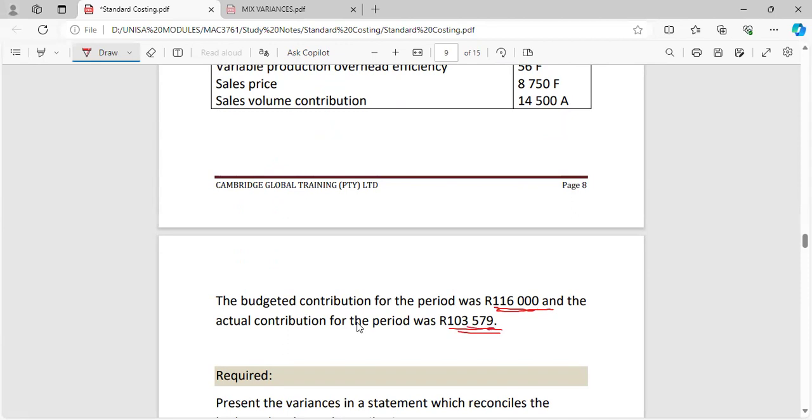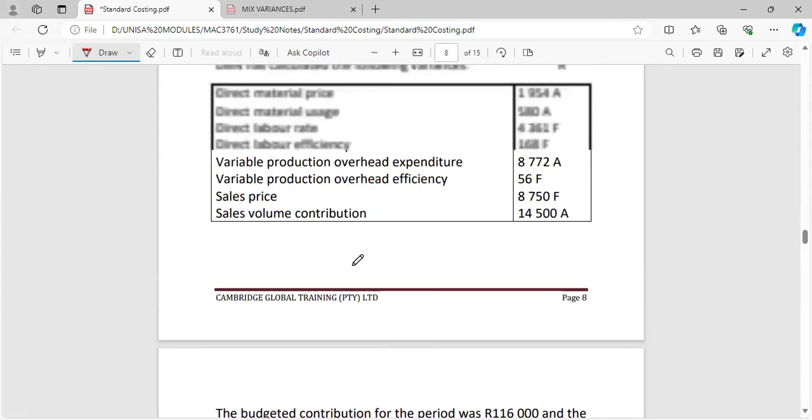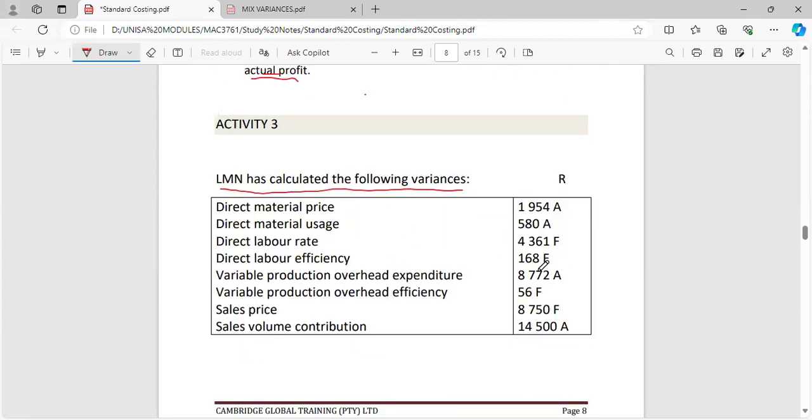So we need to reconcile what led to this decrease in this contribution, which means it comes from these variances. And mostly what decreases your contribution is these adverse variances. The adverse variances are the ones that are going to decrease your contribution.